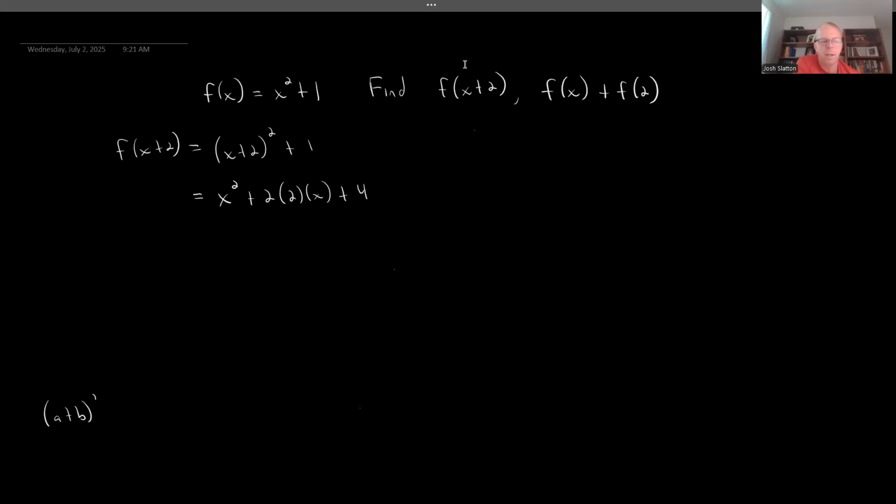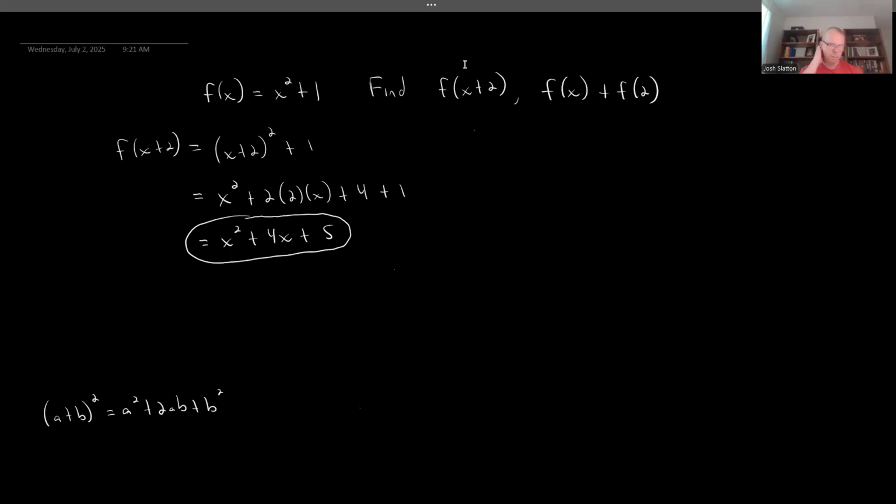So a plus b squared formula, if you like formula, a squared plus 2ab plus b squared. So that's all we've done here. So x squared plus 4x plus 4, and then of course we have the plus 1 over here. So this simplifies down to x squared plus 4x plus 5. And so that would be our f of x plus 2.